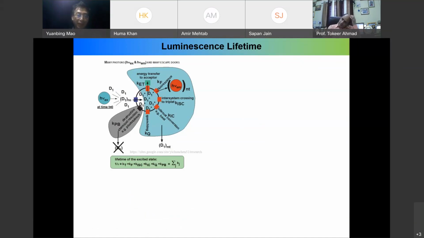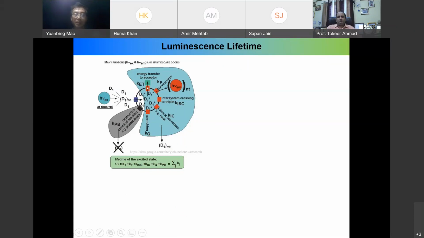This is schematically showing the excitation hitting our samples, and then there will be energy transfer to acceptors.